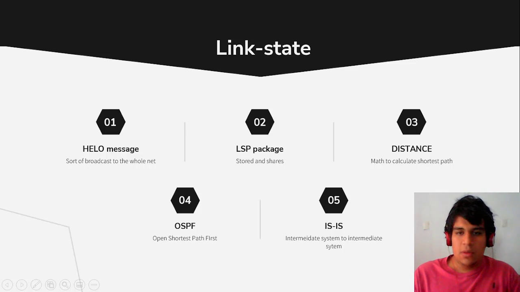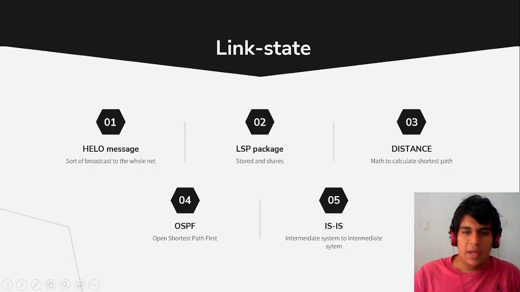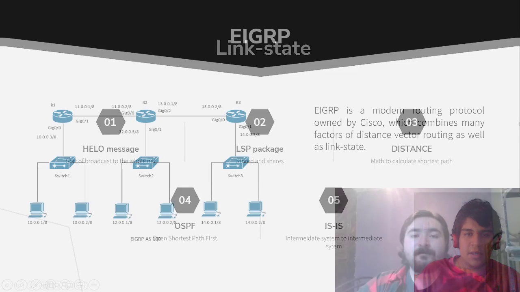For example, a protocol called OSPF, which stands for Open Shortest Path First, is one that uses link state as opposed to RIP. Well, this one can recalculate a route in a very short amount of time, thanks to this link state protocol. Also, there's another one called IS-IS, intermediate system to intermediate system, and that also uses link state.